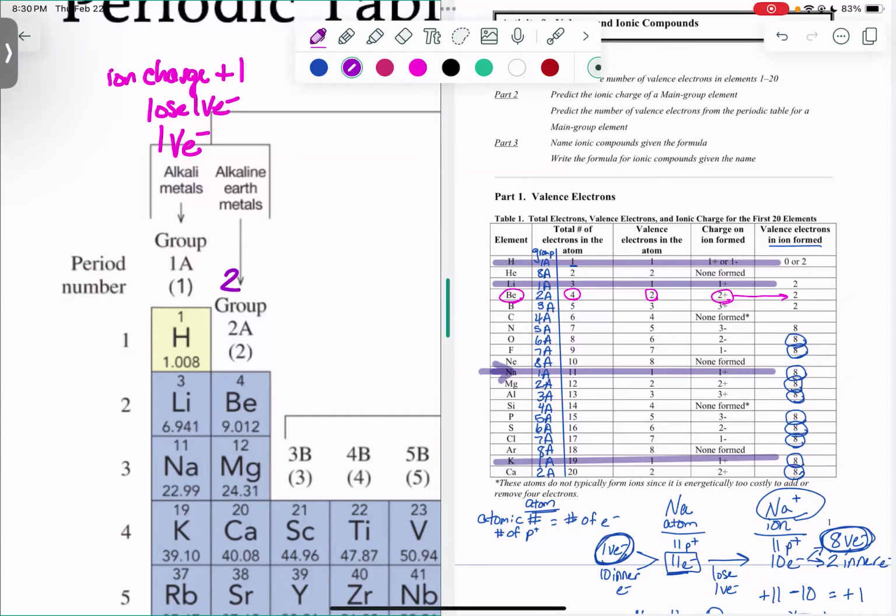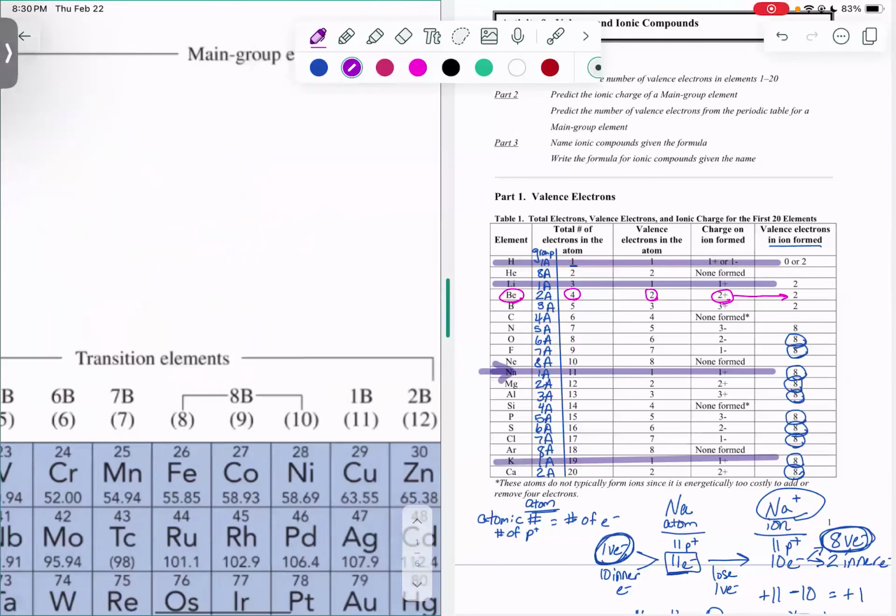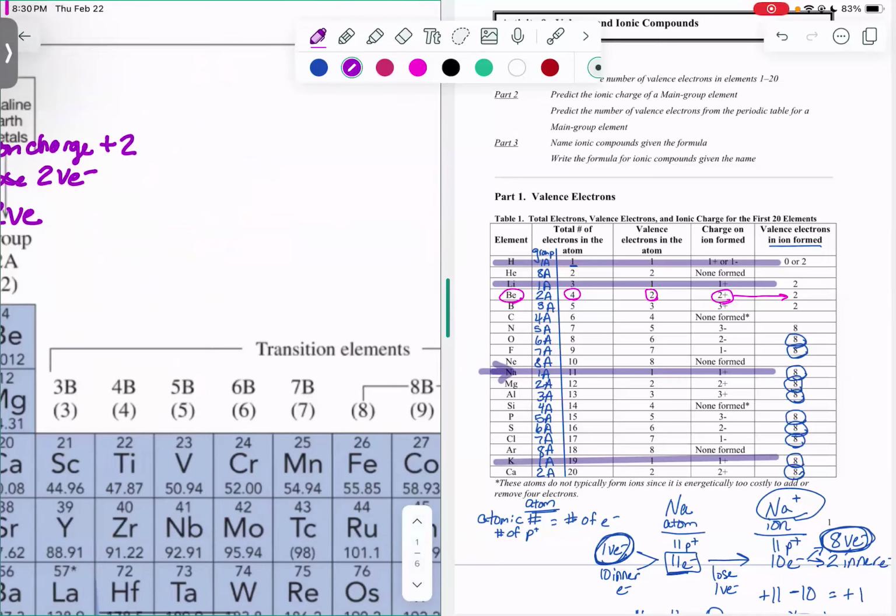Move on to group 2. Group 2 has 2 valence electrons. It's going to lose 2 valence electrons. The alternative would be to gain 6. That's too much work. So the ion charge is going to be plus 2. Pretty easy, right? Okay, keep going, but don't worry about the transition metals.